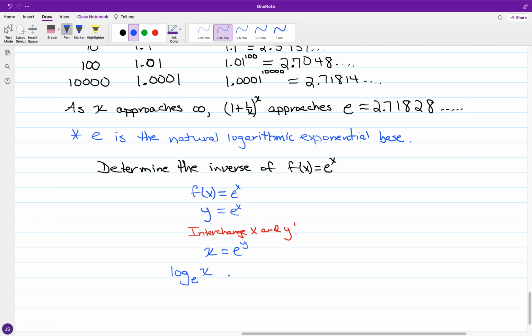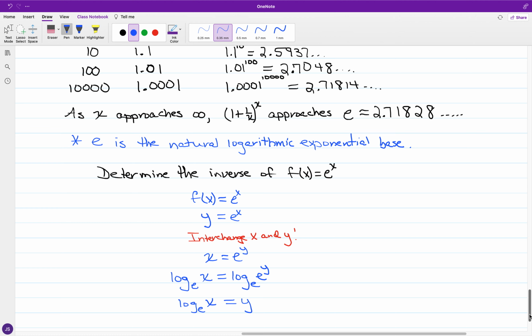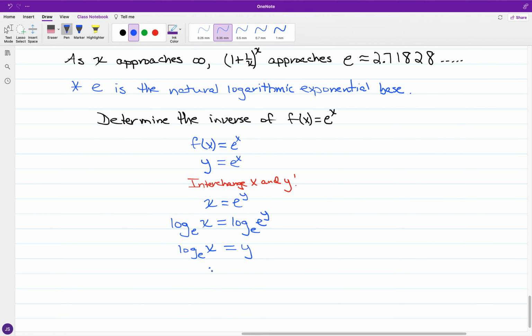So we have a base e logarithm in this case: the base e logarithm of x is equal to the base e logarithm of e to the y. Just switching the order, you have y is equal to the base e logarithm of x. And you will not see this notation quite so much, because e is the natural logarithmic exponential base.